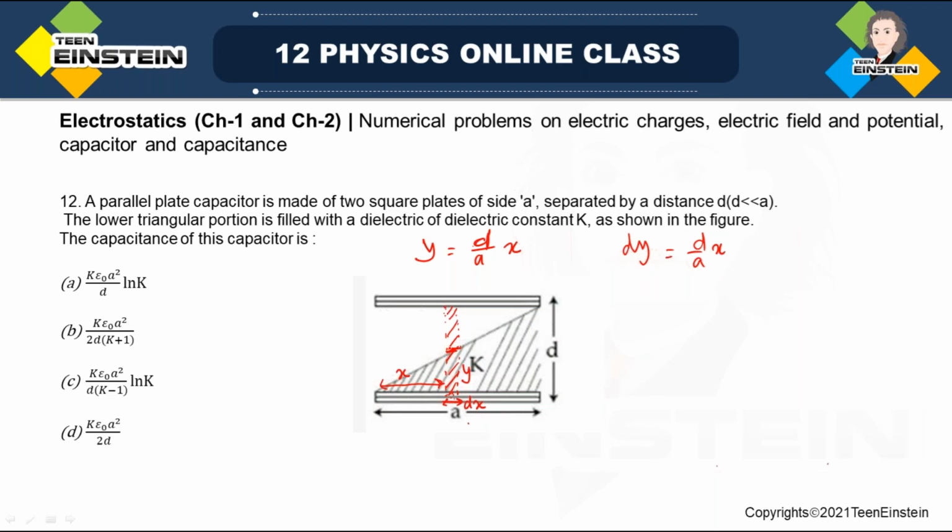First of all, let me get the capacitance for this also. So the total capacitance for this strip, this rectangular strip. So what will be that? Let us say that is dc.